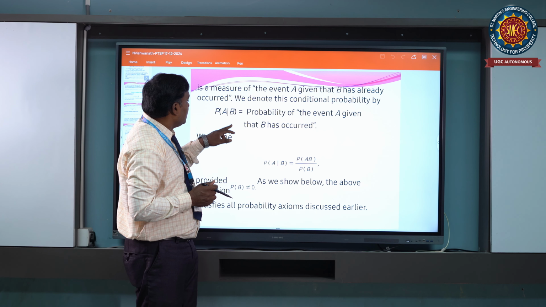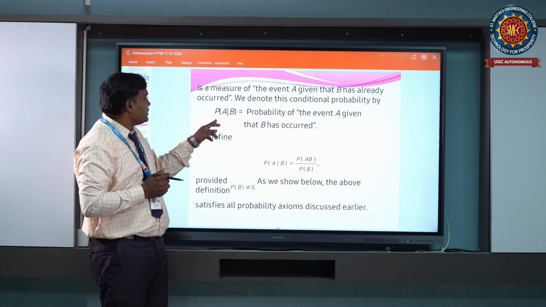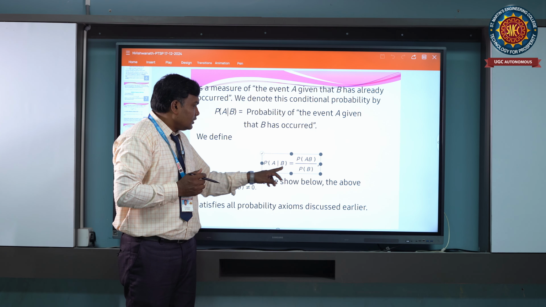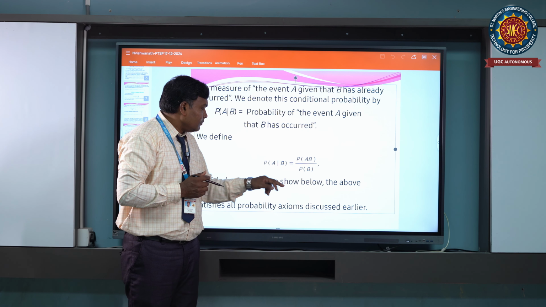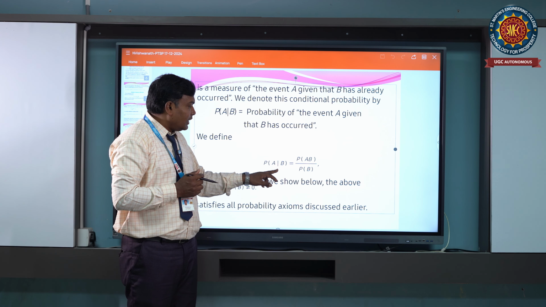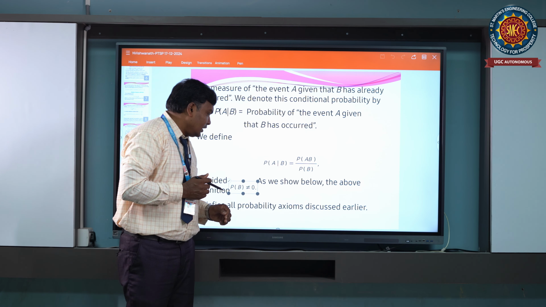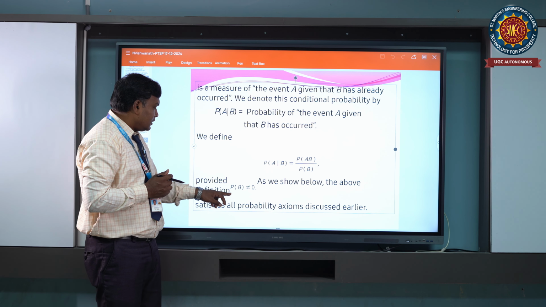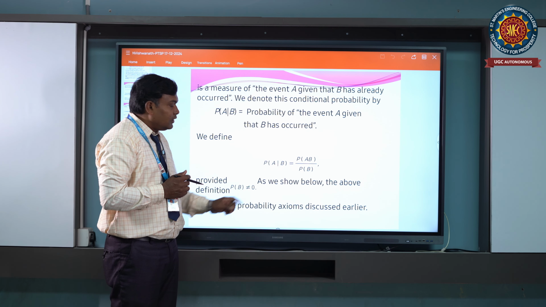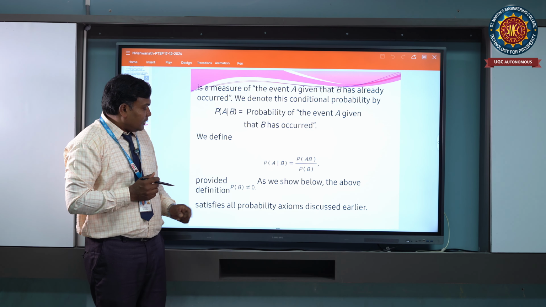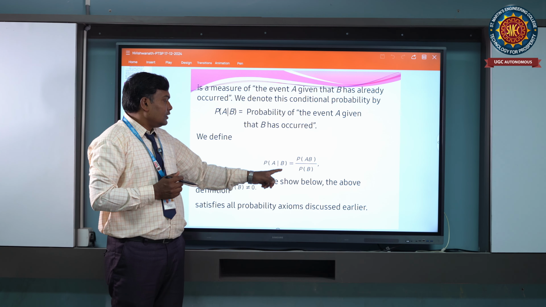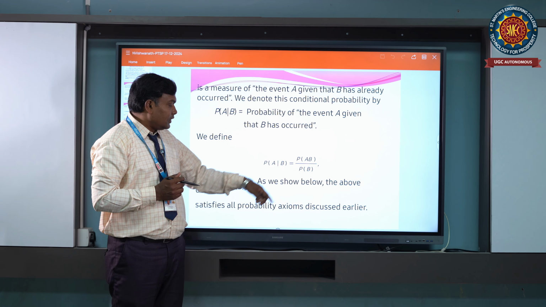Conditional probability is denoted by probability of A given B, which is probability of AB by probability of B. Similarly, probability of B given A is probability of AB by probability of A. To get conditional probability, the denominator should not be 0; otherwise we get infinity.